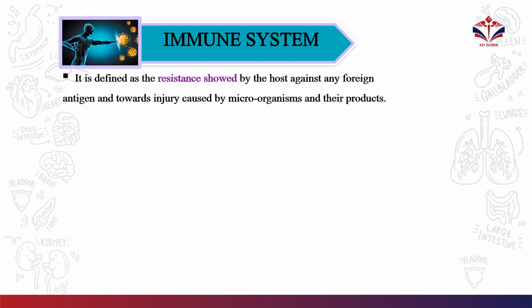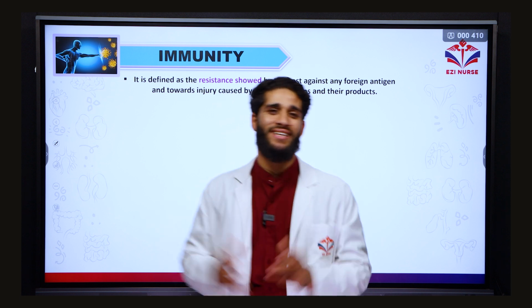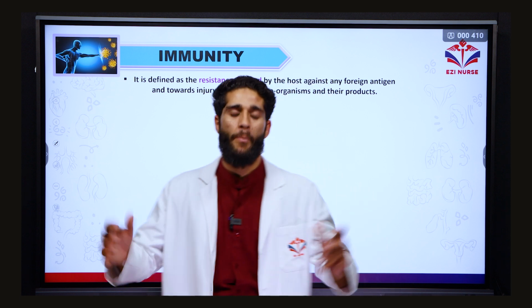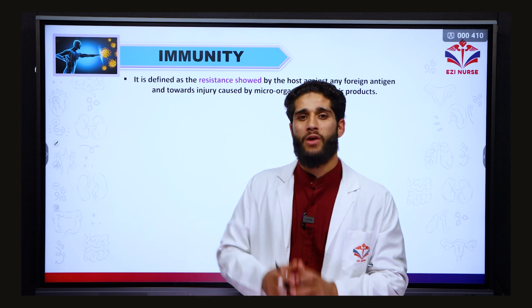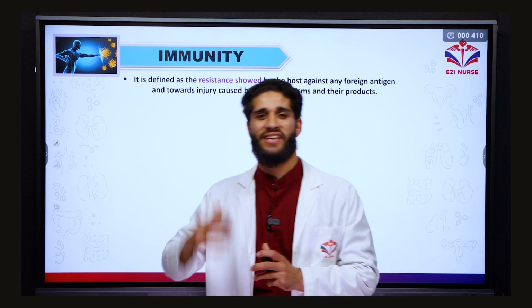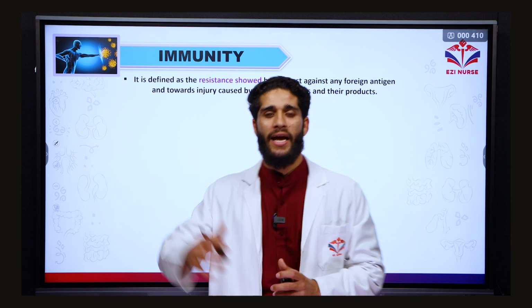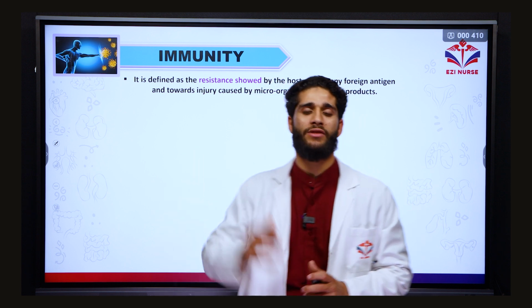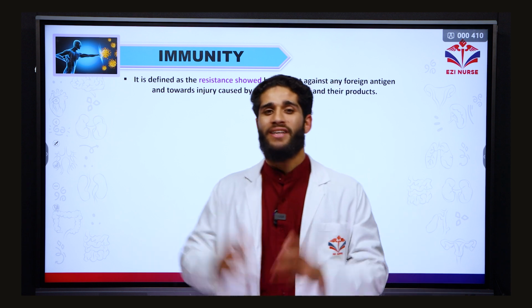So that's what immunity is. And this immunity is not a single step process. Rather, it's a complex process that involves multiple activations, various kinds of substances, chemicals and proteins in defending, protecting and destroying those pathogens and preventing our body from such kinds of changes.